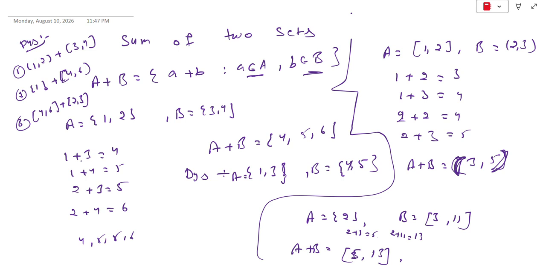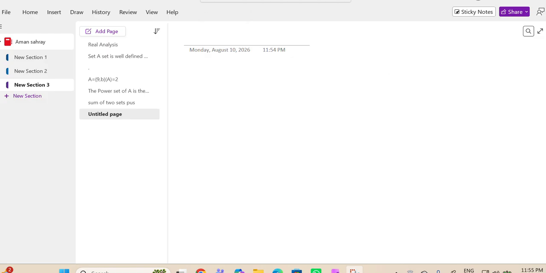Finally, I repeat my whole concept in simple terms. Firstly we revised the set. A set is a well defined collection of objects. Second is the power set. The power set is the set of all subsets of a given set A. Also the cardinality of the power set of A is 2 to the power n, the total number of elements.